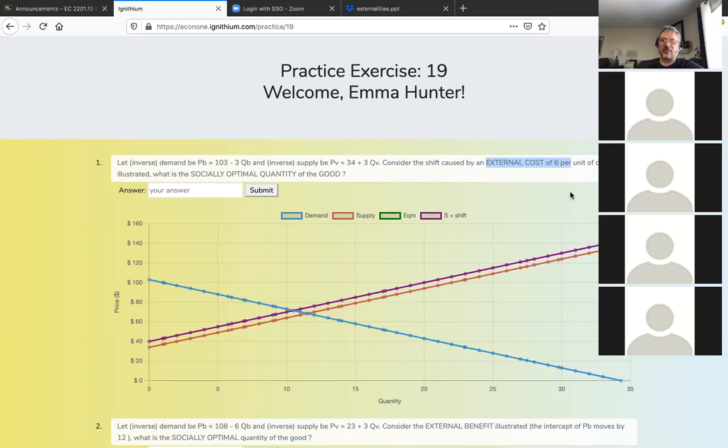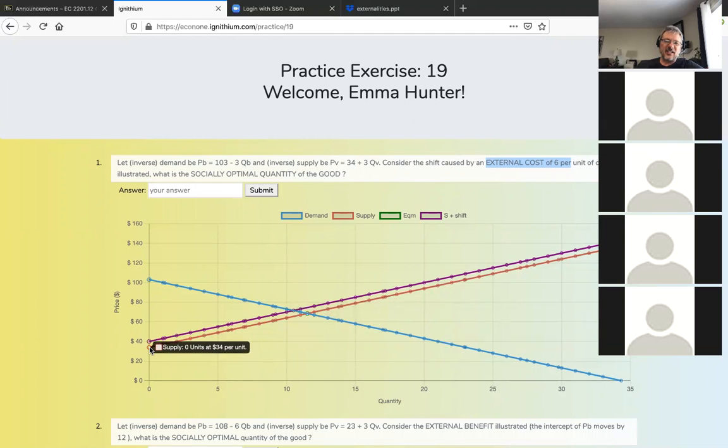It says 6 per unit. I just want to point out what normally is relevant: the crossing points. You can see the market equilibrium there, and then this would be the socially optimal crossing point here, where our external cost is going to be the distance.